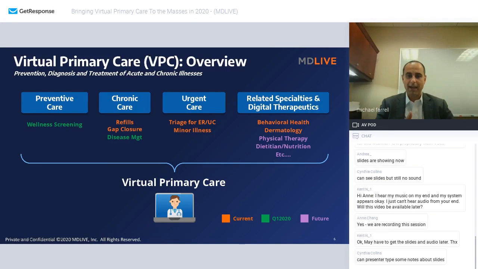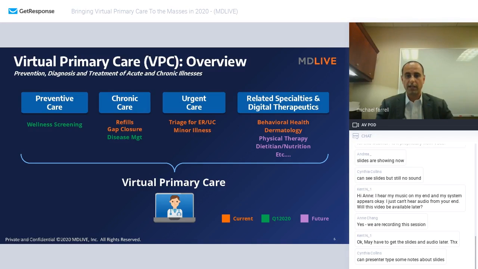But how do you wrap that really around the related specialties with digital therapies as well? Because in any primary care setting today, the value of having behavioral health access readily available. The value of having dermatology access readily available.